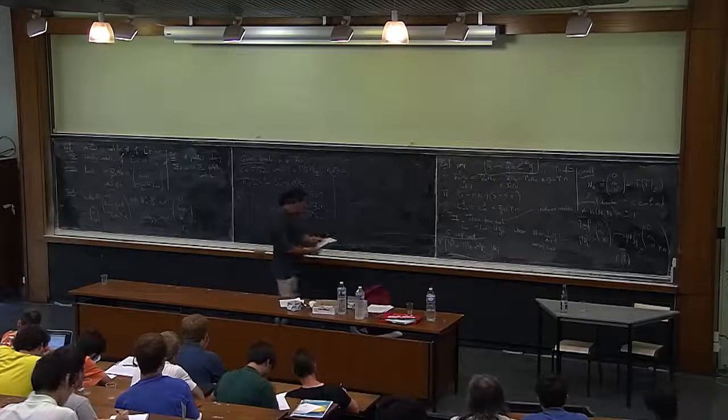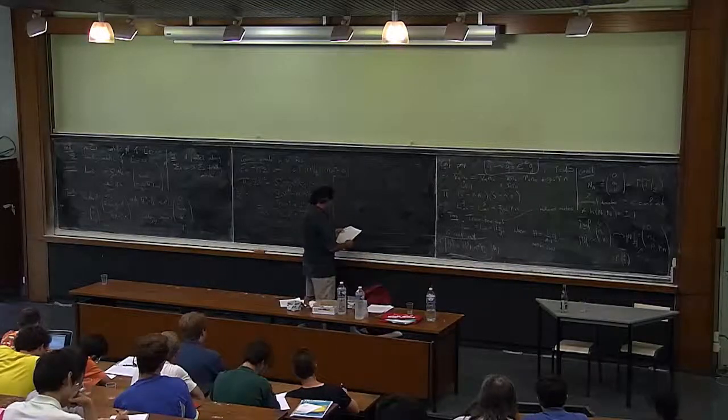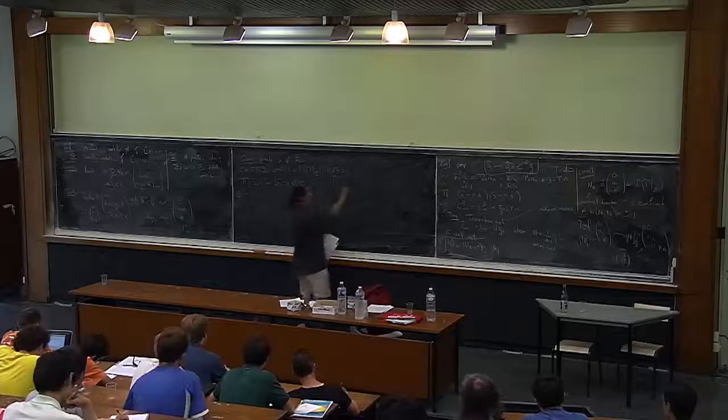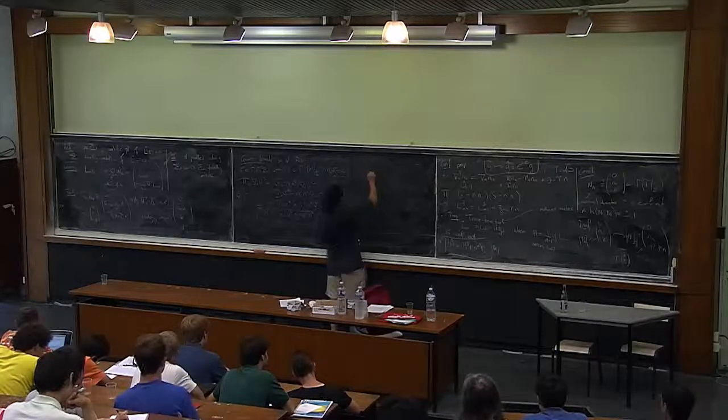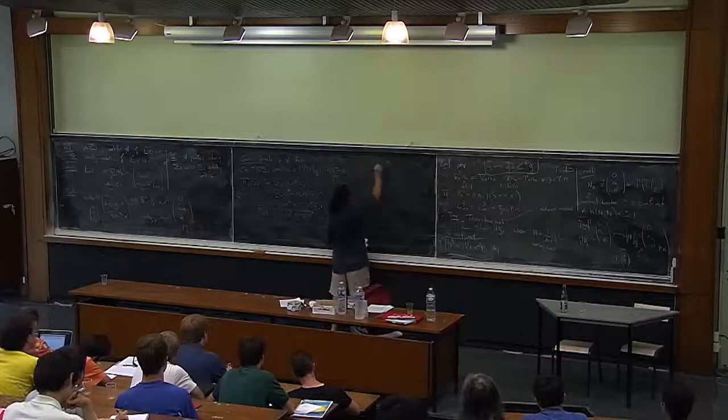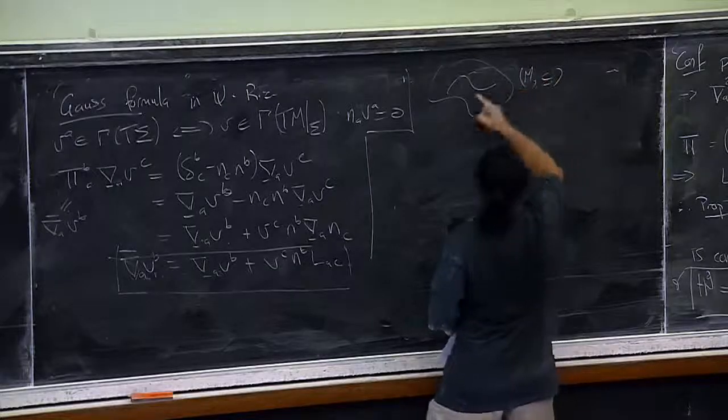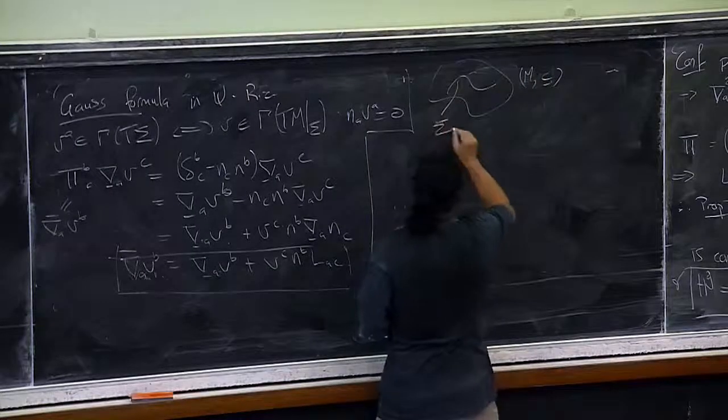When we have a conformal submanifold, so here's our conformal manifold, and we have this submanifold here.